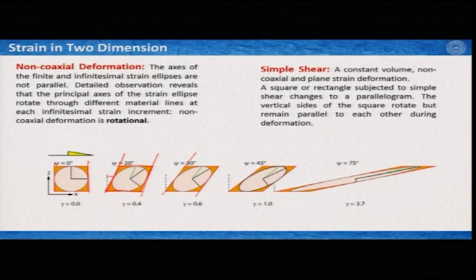Again, it does not matter how much you rotate them, by means of simple shear these two lines remain parallel, and therefore this is a homogeneous deformation. Interestingly, these two axes, you can see, are also rotating with progressive simple shear. Therefore, this is a rotational deformation.